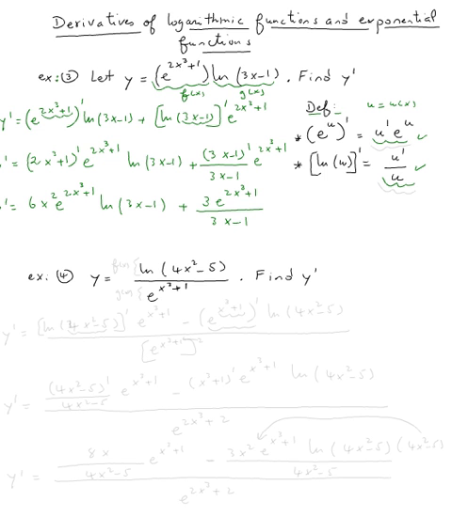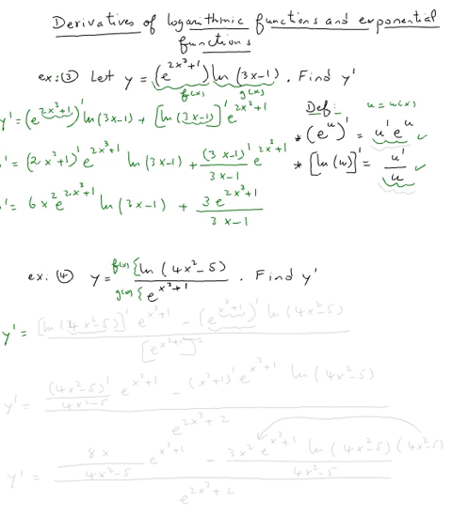For example 4, y is equal ln of 4x squared minus 5 over e to the x cubed plus 1. So we have to use quotient rule. Think of this as f of x, numerator is f of x, and denominator is g of x. So y prime, using the quotient rule, says y prime is equal f prime of x times g of x.